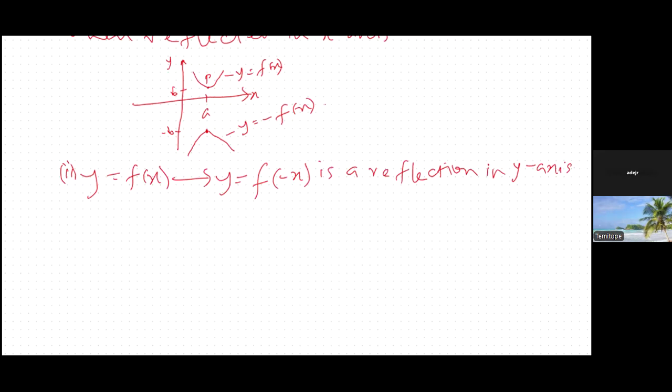That is, the x coordinate will change sign. The x coordinate will change sign.